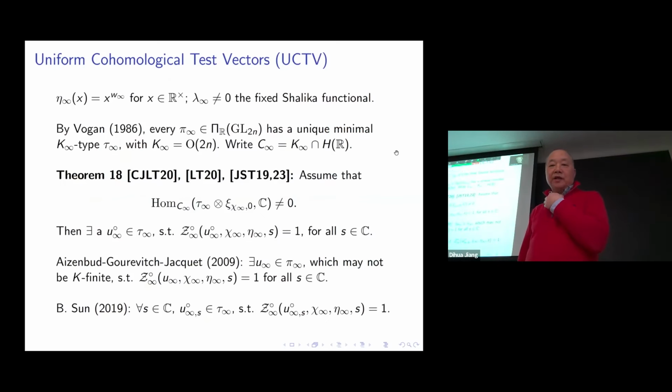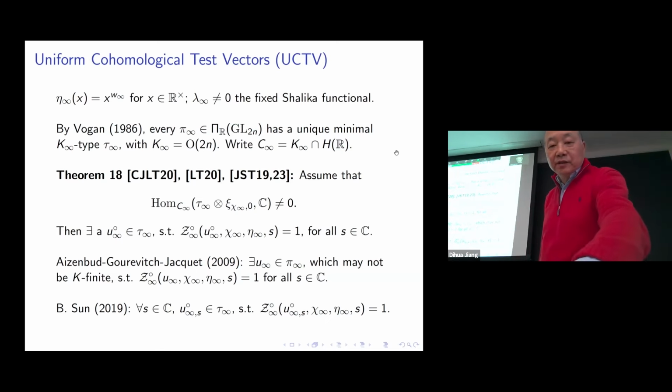Yeah. So Archimedean, assume you have this lambda infinity Shalika functional, and by Vogan 1986, this pi has a unique minimal K-type, tau infinity.